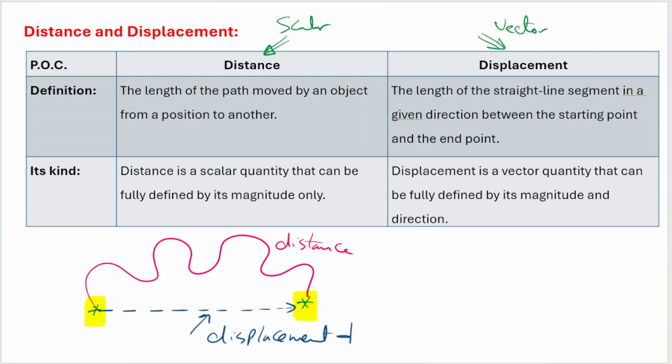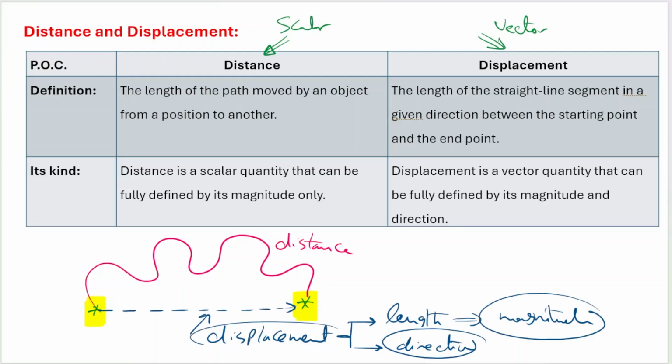For this displacement, we need two pieces of information. We need to know the length of this vector, which means its magnitude, and also its direction. So direction and magnitude, because displacement is a vector.